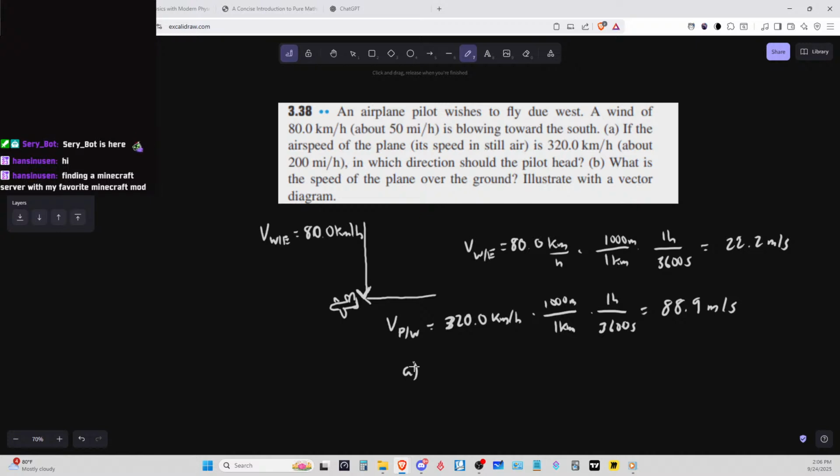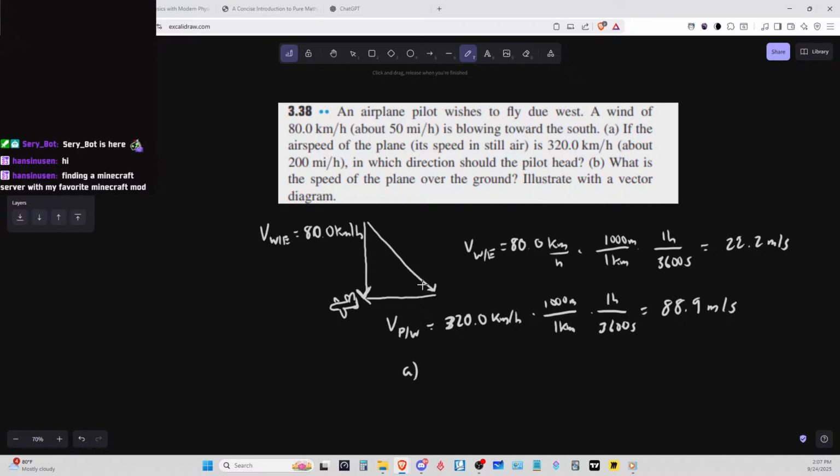So we have to make sure that it maintains. It's going to be similar to the problem that we did last time involving angles. If the wind is pointing south, we have to make sure that the plane is actually going upward.